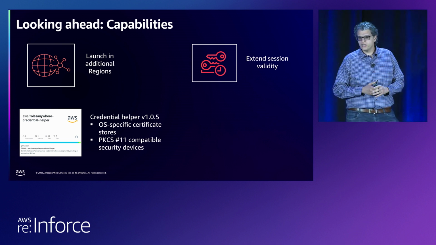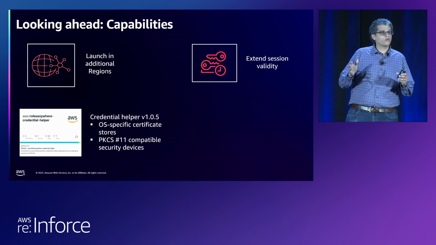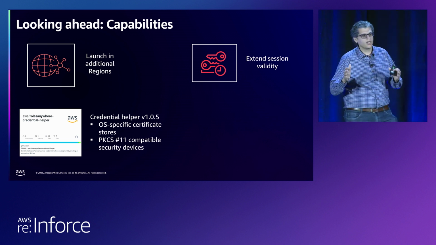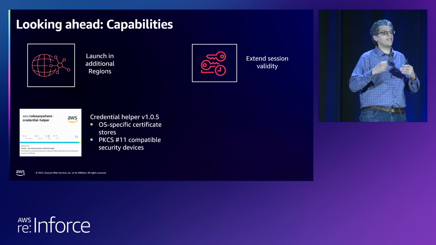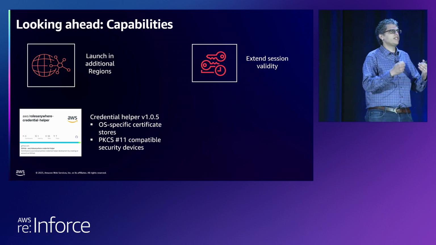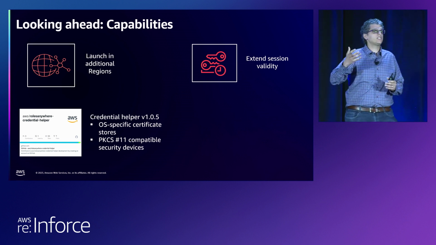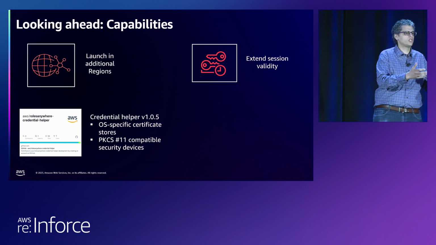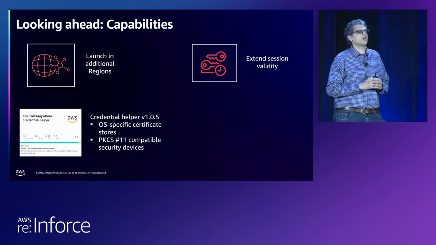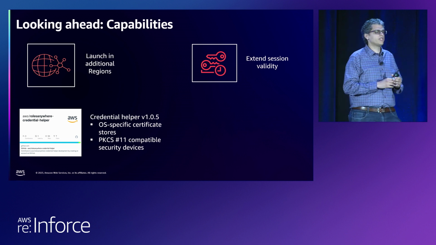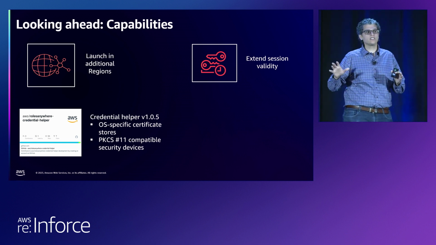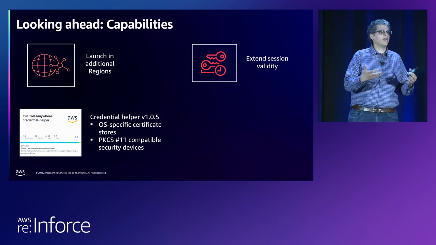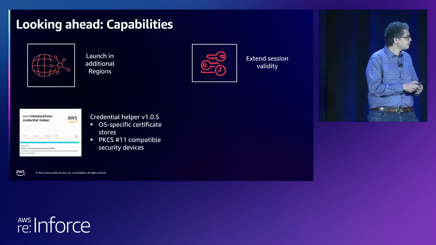Also, with this release, you can use the credential helper to delegate the signing process to the keys that are stored in OS certificate stores or in a PKCS #11 compatible device without those keys leaving those stores, which can enhance your security posture as well.